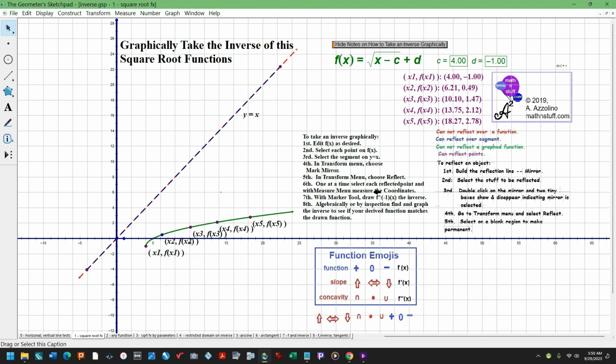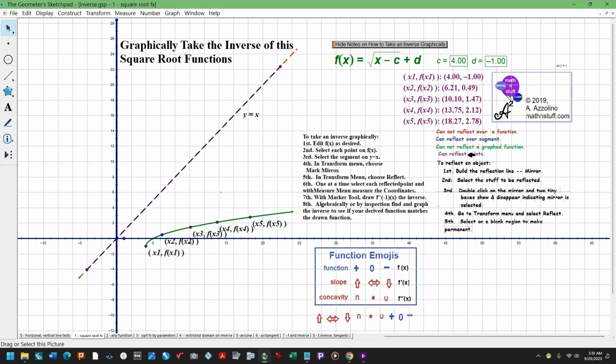And directions. Oh, constraints. You can't reflect a whole function. You can reflect over a segment. You cannot reflect a graphed function.